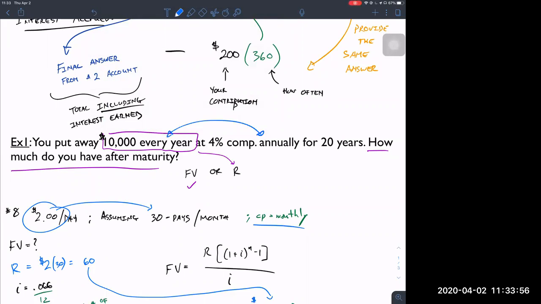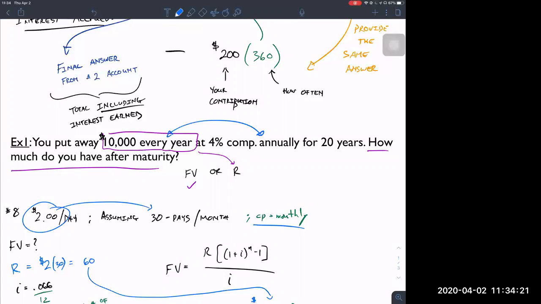Well, what if I don't say you put $10,000 every year? What if I said, hey, you saved $500 every month? You go, but wait a second, I'm compounded annually. How can I put something away annually when I only have $500 a month? Well, how do you kick it up so that $500 a month represents per year? You take 500 and multiply by what?